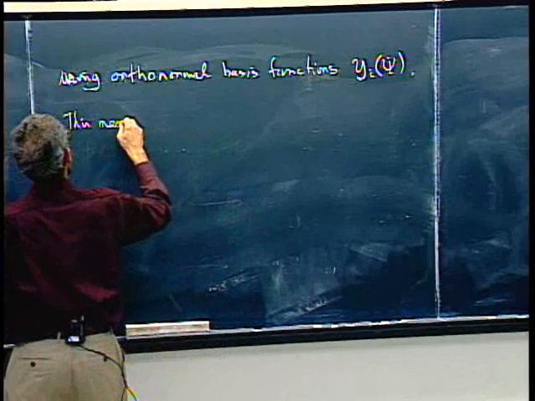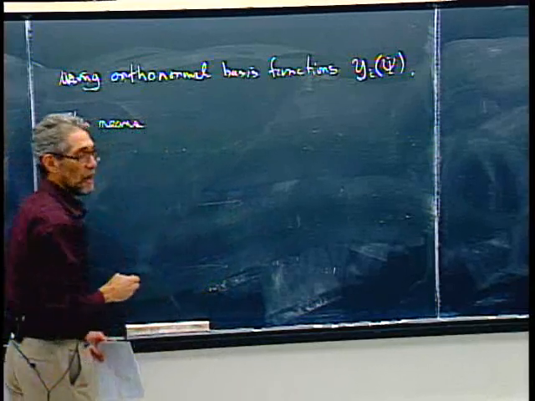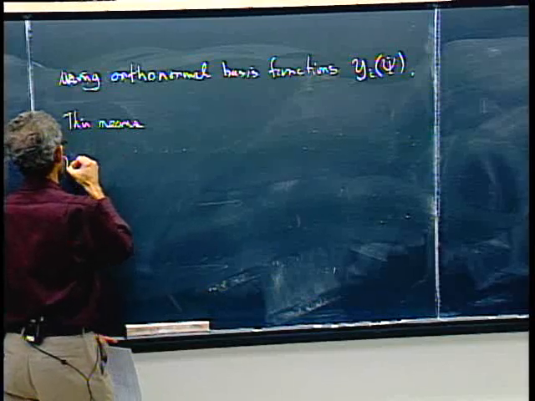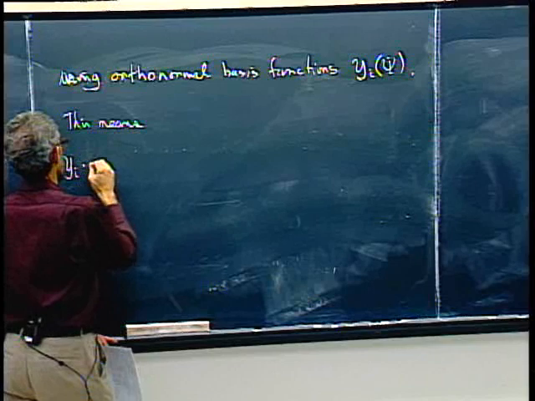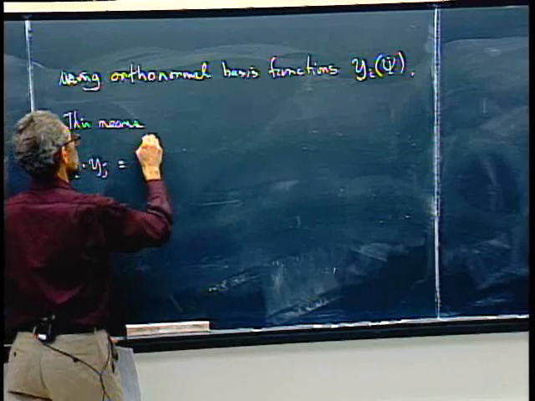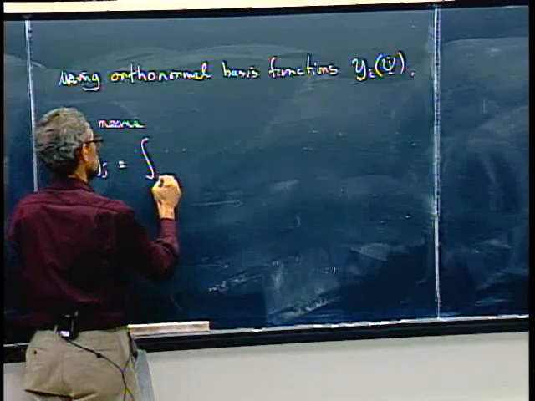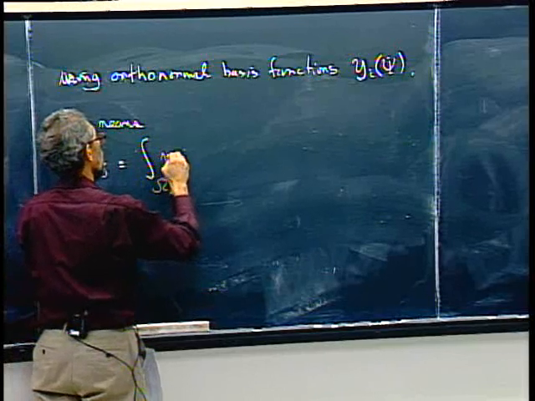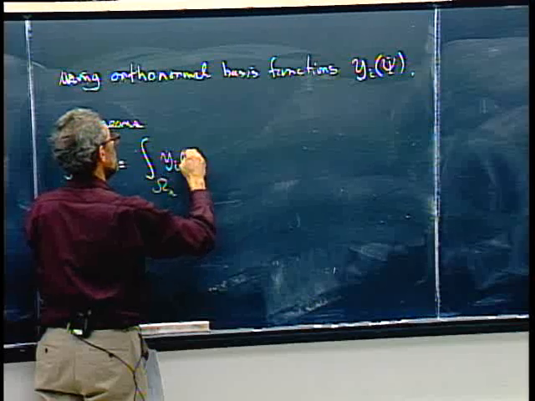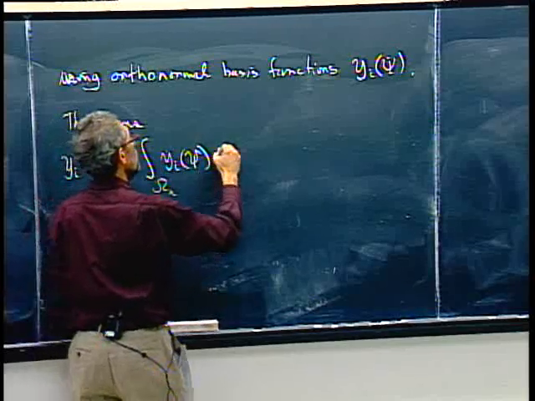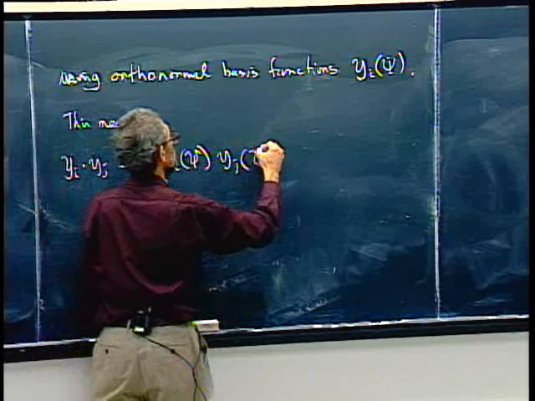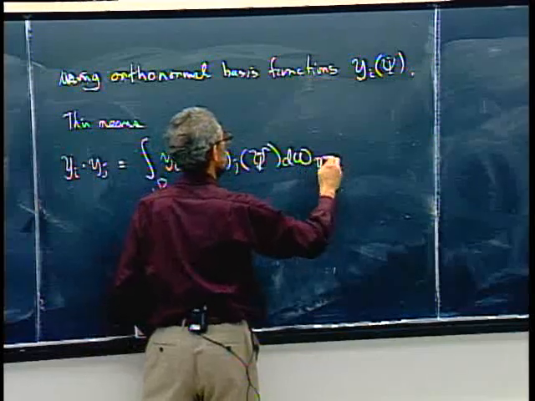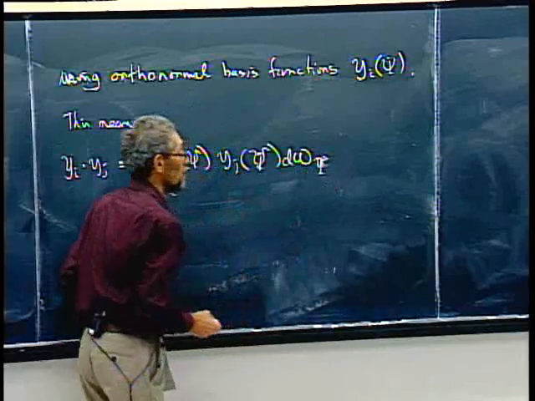Orthonormal means if we take the dot product of two of them, and in our context the dot product yi, yj means the integral over the hemisphere of yi psi times yj psi d omega psi. That's our definition of inner product in this Hilbert space of functions.